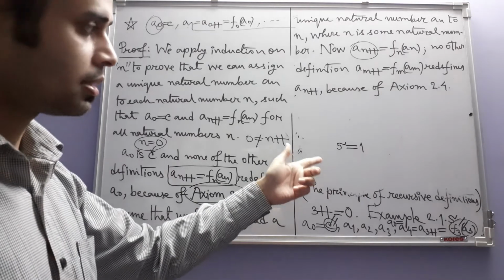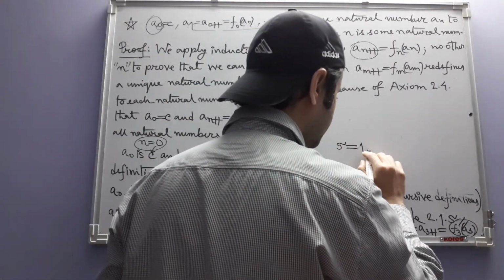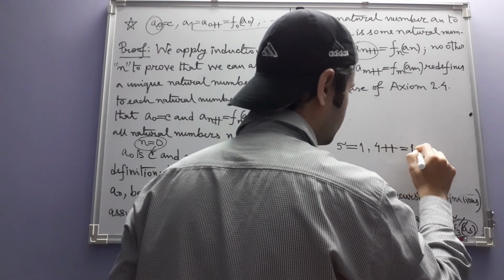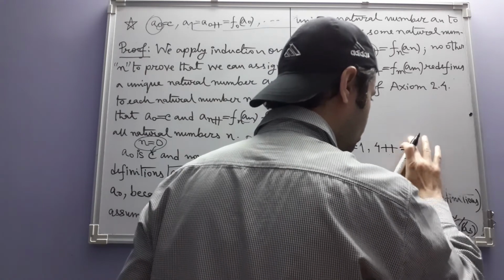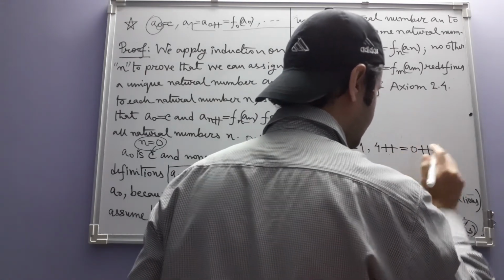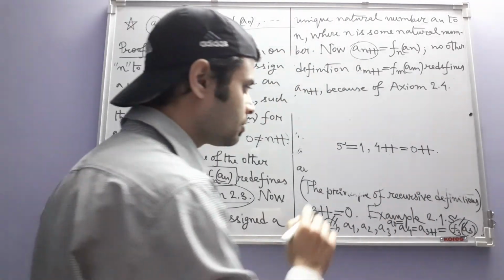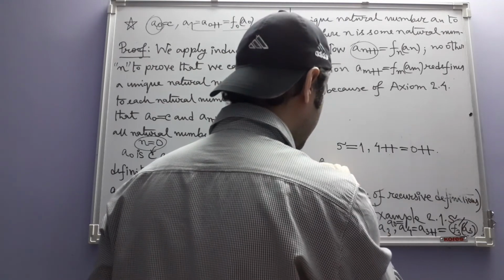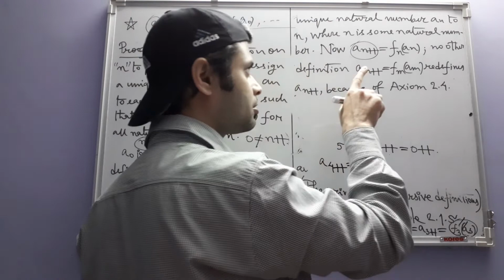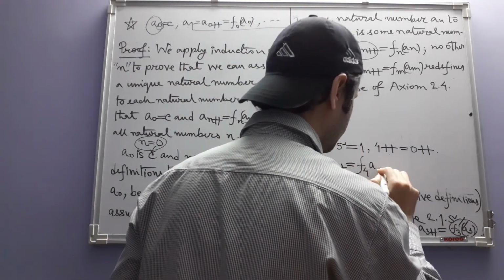In that number system we had 4 plus plus is equal to 1, or is equal to 0 plus plus. That is because 4 was equal to 0 in that number system. So if I try to define a_{4++}, my usual definition of the sequence will tell me this is nothing but f_4(a_4).